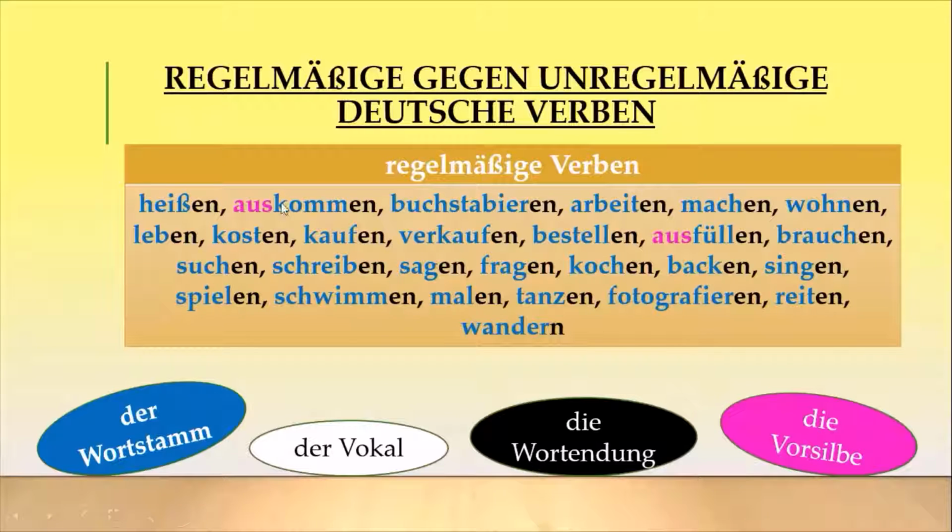The box here shows all the regular verbs that I have covered in my previous tutorials. Regular verbs in German are called regelmäßige Verben, and irregular verbs are unregelmäßige Verben.